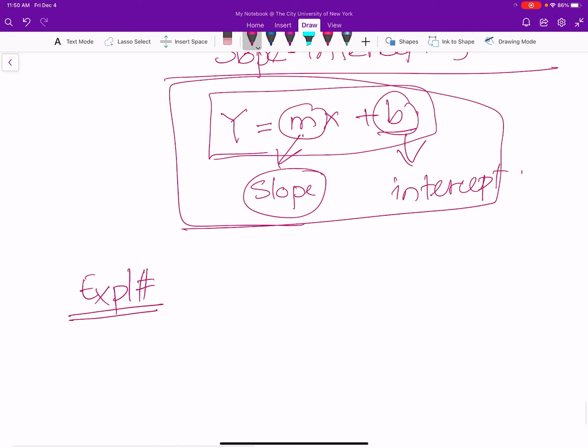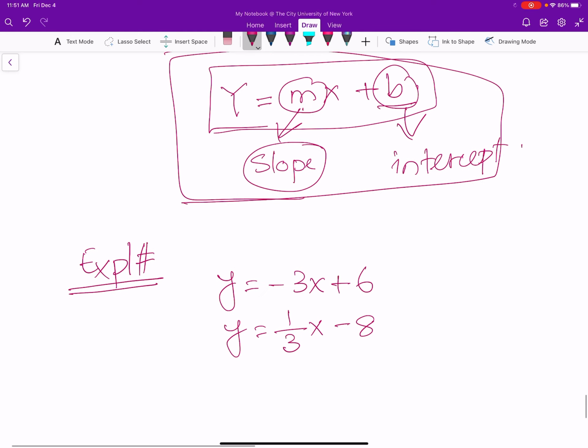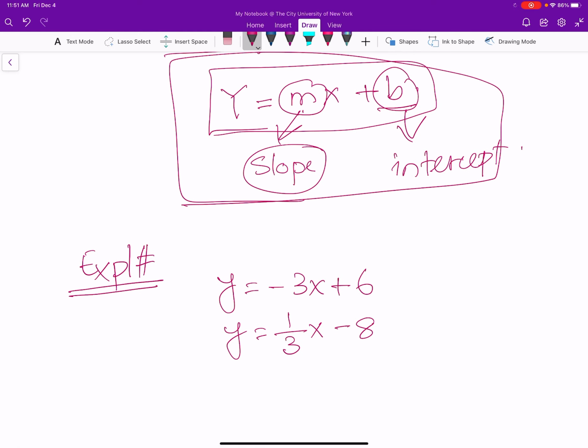Let's say you are given two equations. One is y equals negative 3x plus 6, and the other one is y equals 1 over 3 x minus 8. With these equations, you really don't have much to do because they're already in slope intercept form.